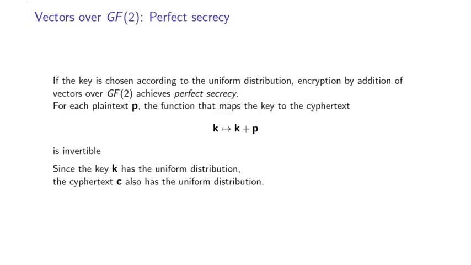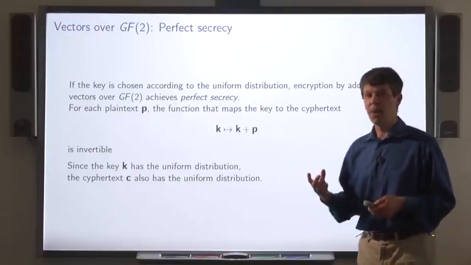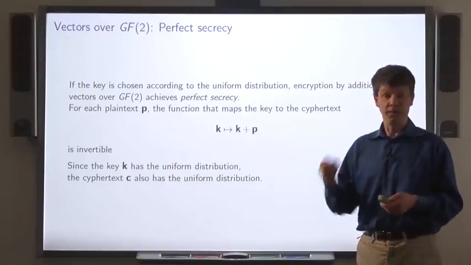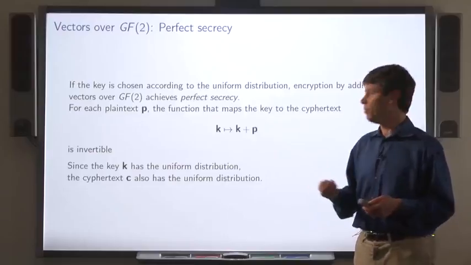Now, that doesn't depend on which plain text we chose. Regardless of the plain text Alice chooses, the distribution of the output is the uniform distribution. So an eavesdropper learns nothing about the plain text by looking at the output.